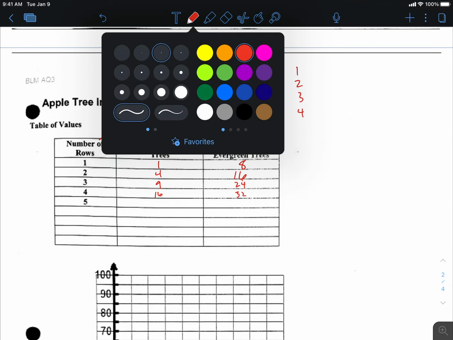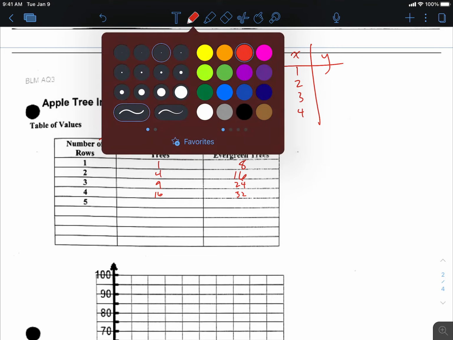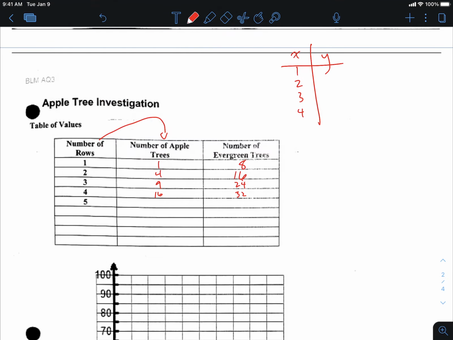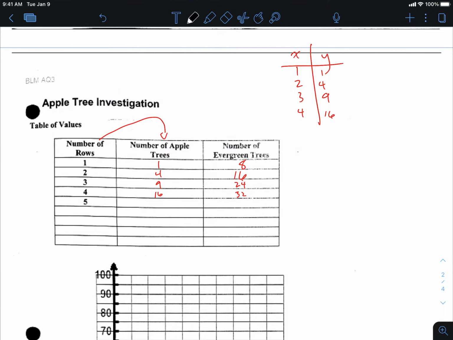I'm just going to write 2 tables of values where I have X and Y. So in row 1, I'm just going to copy this data. And then underneath I'll do it in black for the same number of rows, 1, 2, 3, 4. And then beside we're going to go 8, 16, 24, and 32.